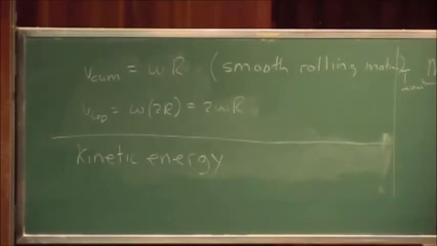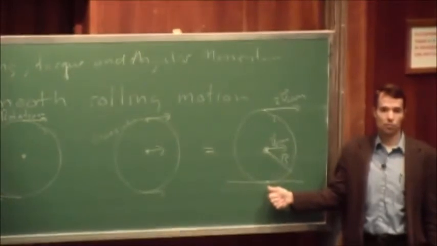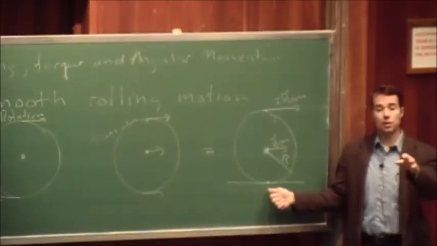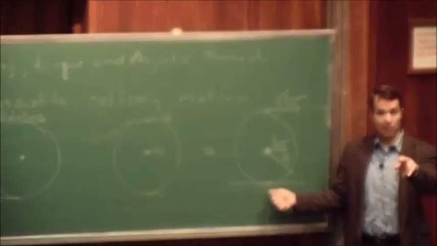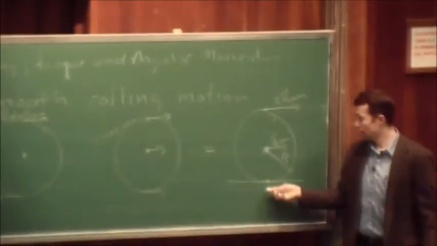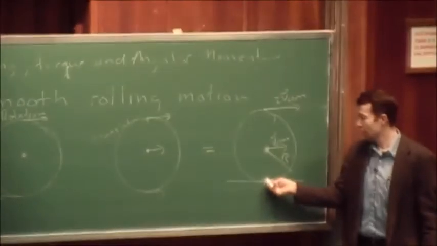Okay, good. But now let's consider how do I find the kinetic energy of something that's rotating? Okay, so we use 1/2 I omega squared for the kinetic energy of something that's rotating. Now what we're going to consider is the rotation about this point.